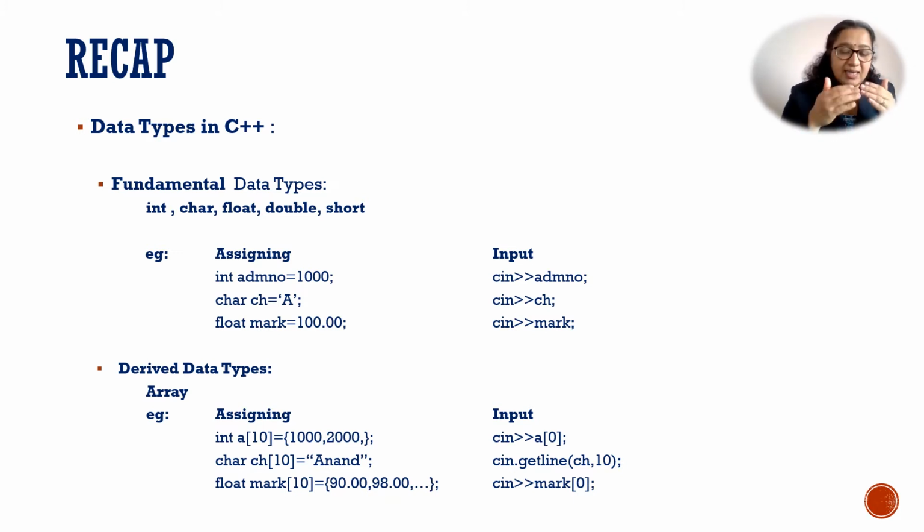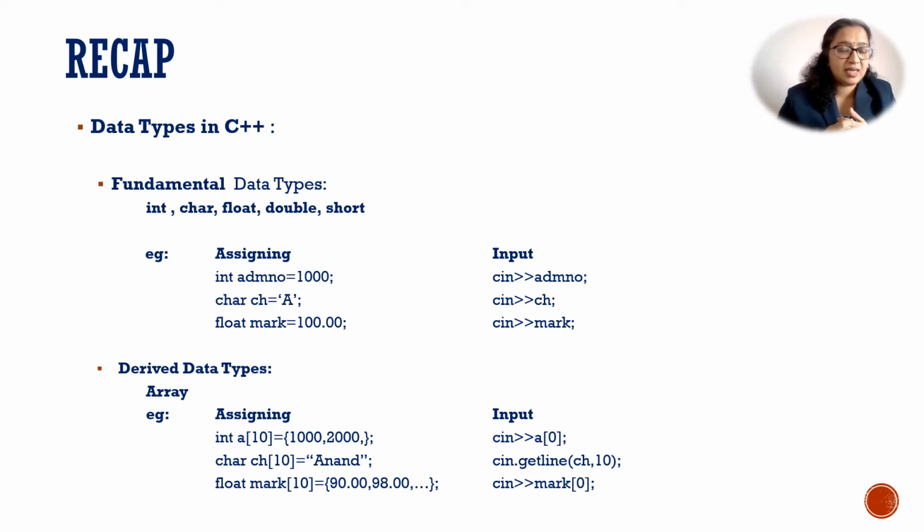At running time, the user can enter the value, and that value will be assigned to ADMNO. Same for character: cin ch, so ch will store the value the user entered. Then cin mark. This is the way of input.